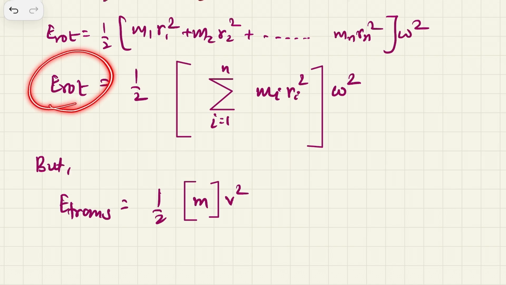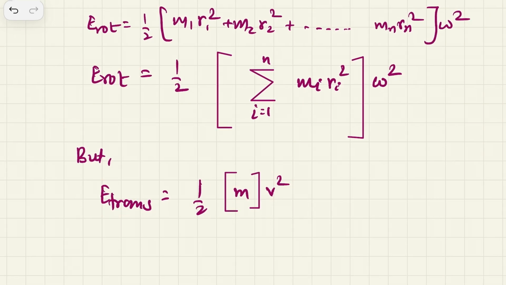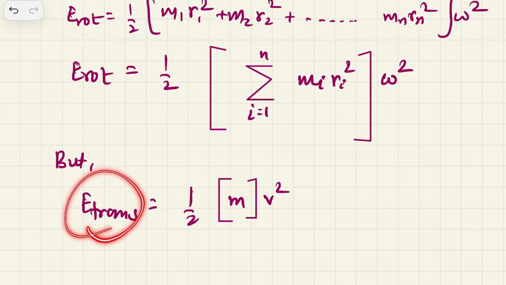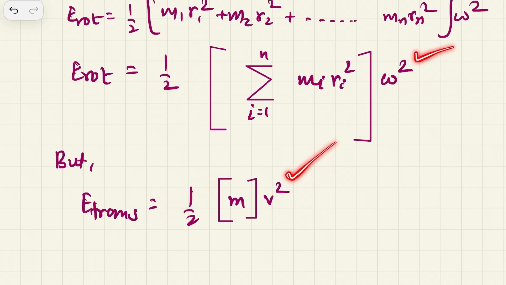Now this entire term, if you compare, if this is your rotational kinetic energy, but you know that your translational kinetic energy is half of mv square. Now if you compare these two equations, this one is kinetic energy, this one is also kinetic energy, but this is in translational motion and this is in rotational motion. Half is compared with half, linear velocity is compared with angular velocity. There is a square here, there is a square here.